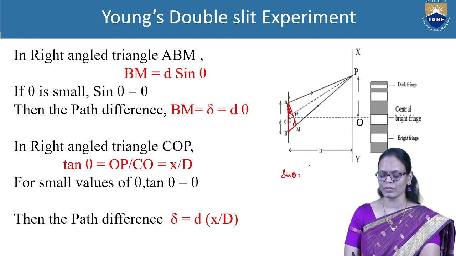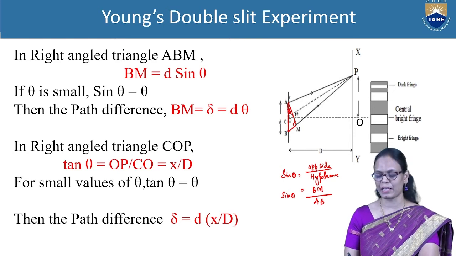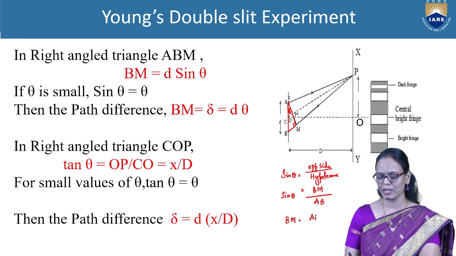What is the opposite side here? BM. And what is the hypotenuse? AB. So sine theta is equal to BM upon AB. So BM will be equal to AB sine theta.